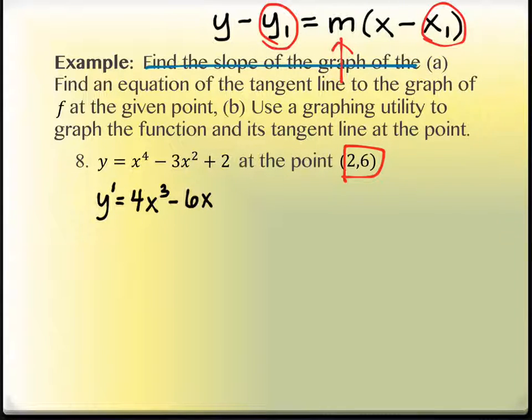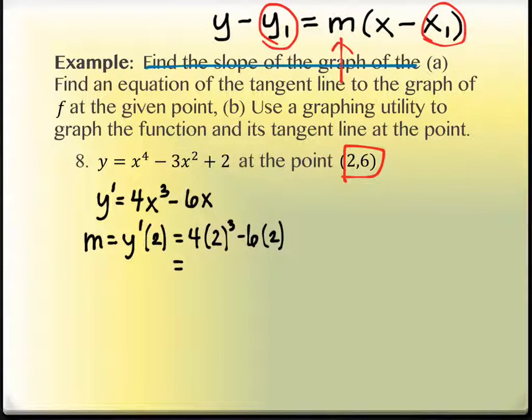Okay, and then in order to find the actual slope, what we need is this derivative evaluated at the x value that they give us, which was 2. So I need to plug in the number 2 into this derivative equation. So what do I get when I plug in 2 into this? What is it? 20. I agree.